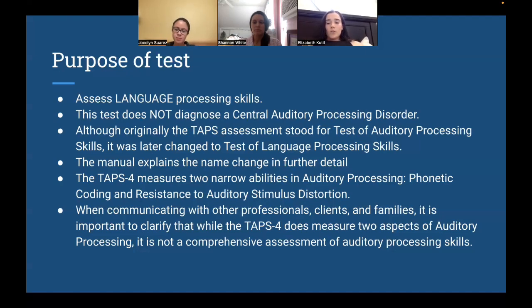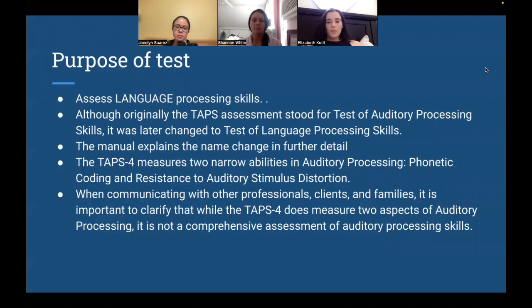Because auditory processing is just one component in the broader set of skills described as oral language processing. So language processing includes a variety of cognitive and linguistic skills such as phonological awareness, auditory attention, auditory memory, and conceptual knowledge.